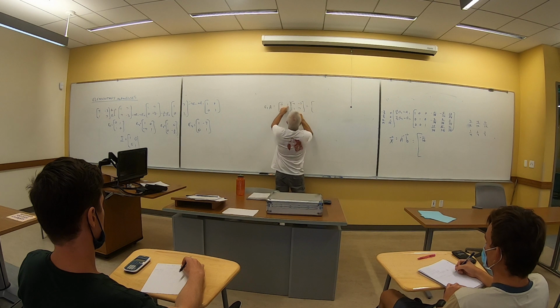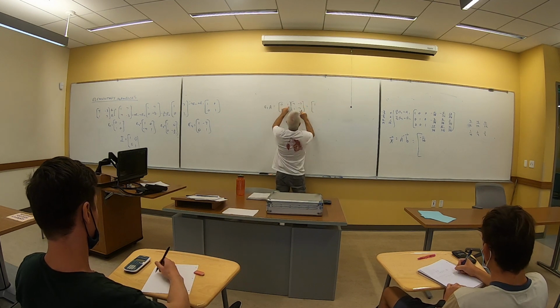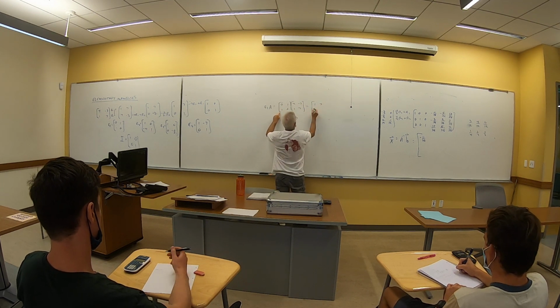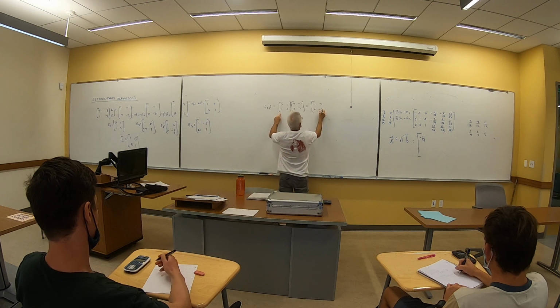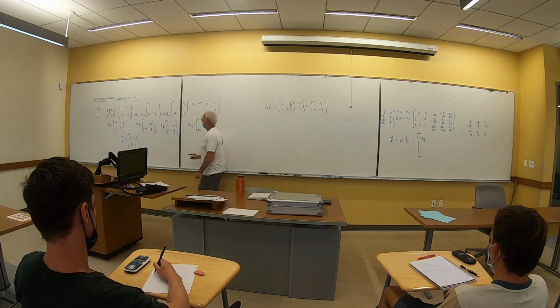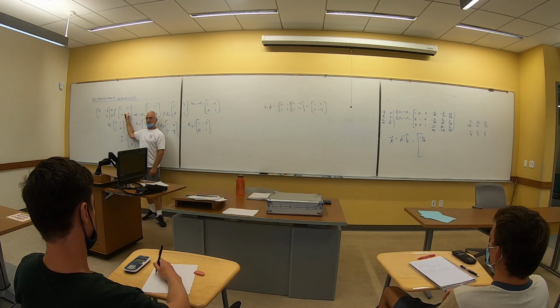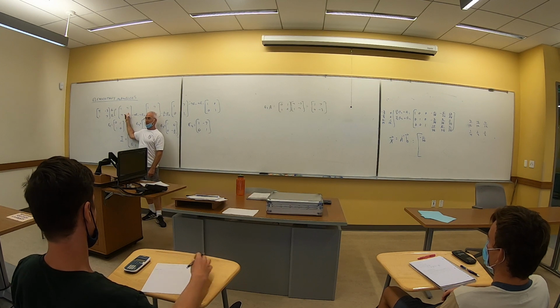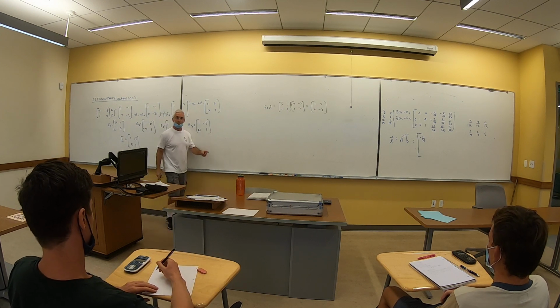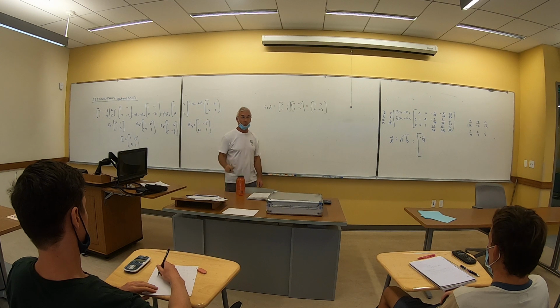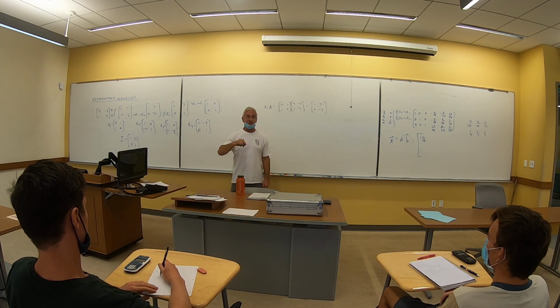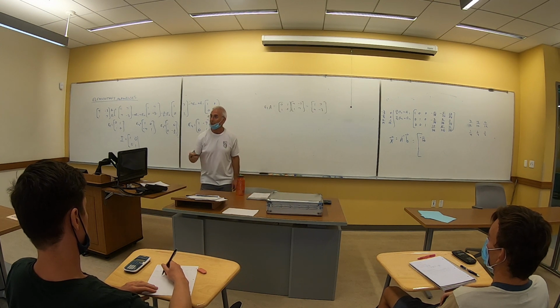Okay. 1, 7, 4, negative 3. The row switch that I was asking you to do, we performed by doing this particular matrix multiplication. Do you see it? I multiplied instead of actually physically doing the row switch. I multiplied by the matrix that would perform the row switch.